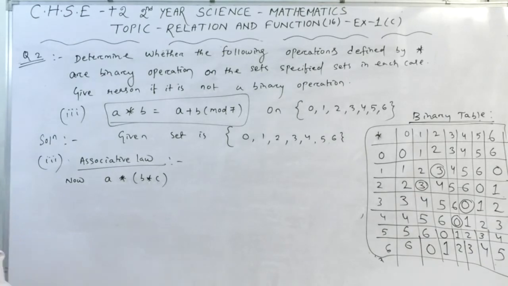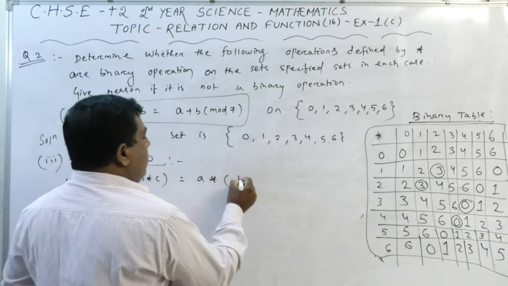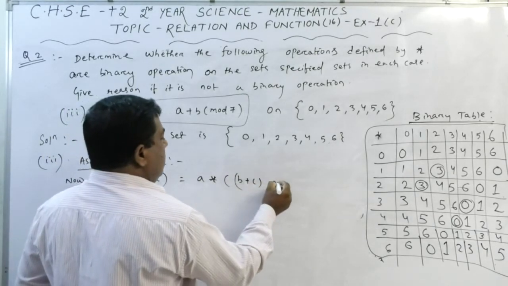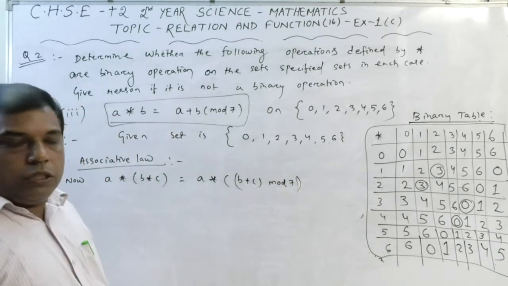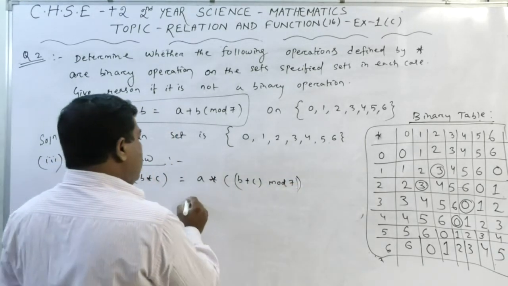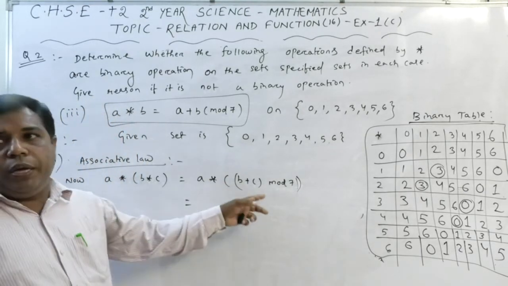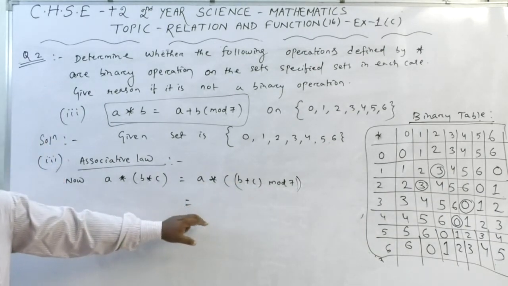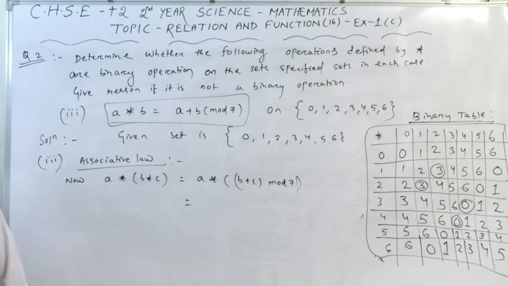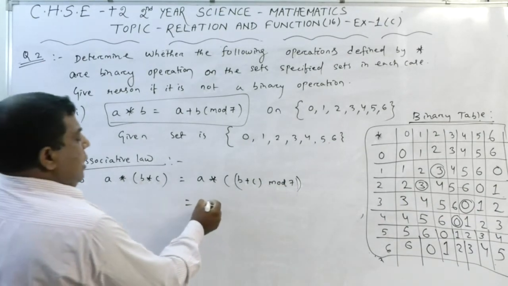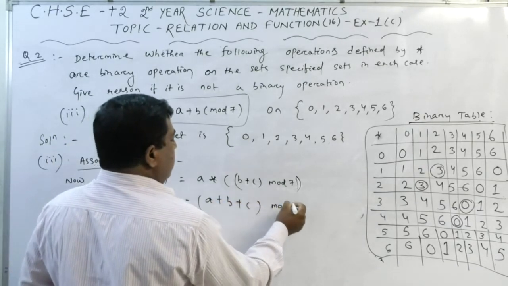So what does it give? It gives A star B plus C modulo 7. Okay, it is this result. Yes or no? And what does this one give? Now, if A star B plus C is operated, we can see it is A plus B plus C modulo 7.